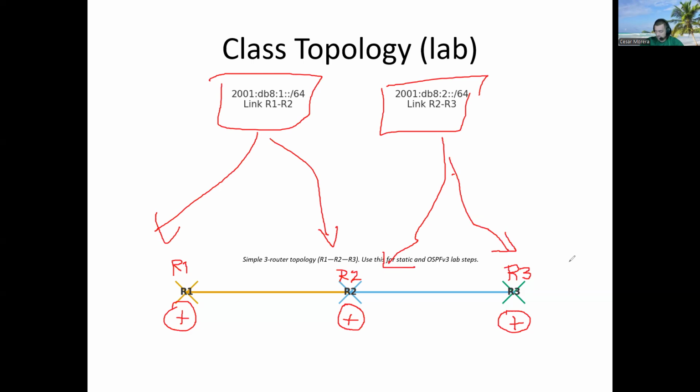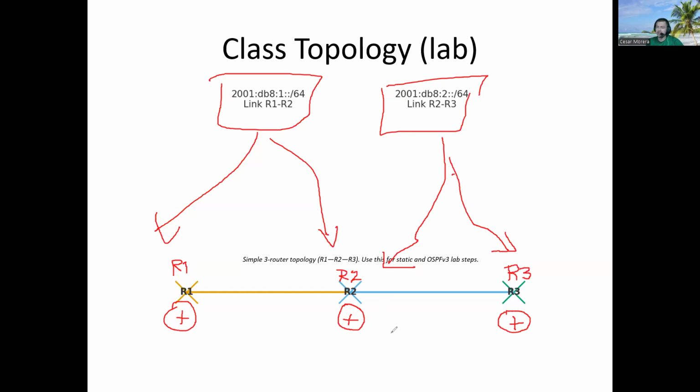Now, ChatGPT or any artificial intelligence will give you the step-by-step on how to configure this in Cisco Packet Tracer, so it shouldn't be a big deal. You can actually do it by yourself. Just pop up 3 routers and connect the cables between them.